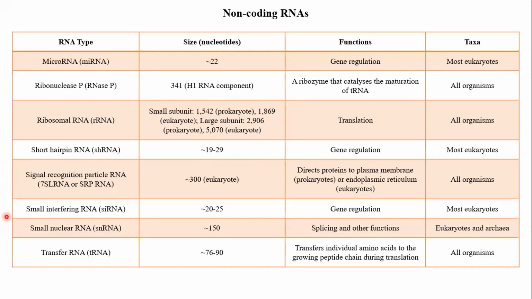And third is small interfering RNA, siRNA. See the size again in the same range, 20 to 25 nucleotides approximately. I'm focusing on these three because of their function. The miRNA function is gene regulation, shRNA function is gene regulation, and same with the siRNA.